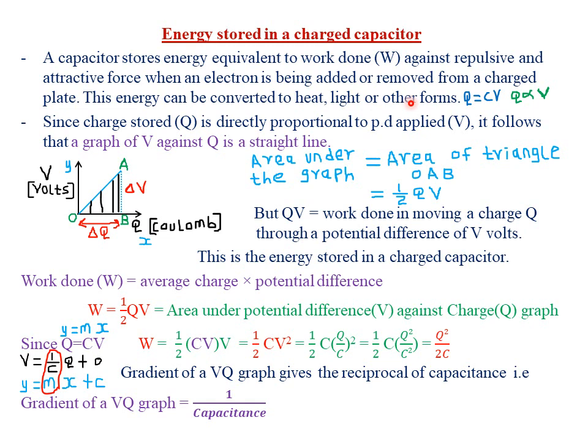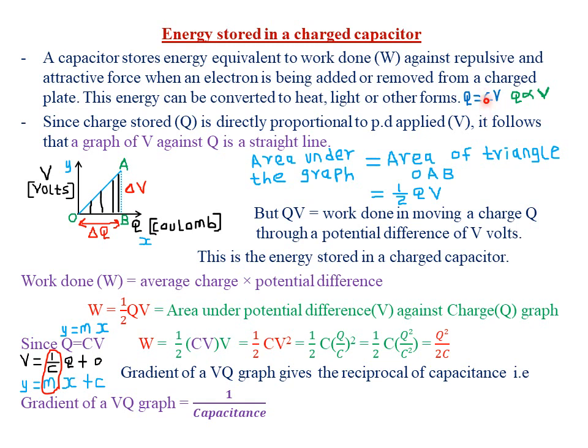Then, from the equation of capacitance, we did say that capacitance is simply charge per unit voltage. So capacitance can be given by Q over V, and from the same equation, the charge Q can be given by the product of capacitance and the potential difference. That is, charge Q is equal to CV.